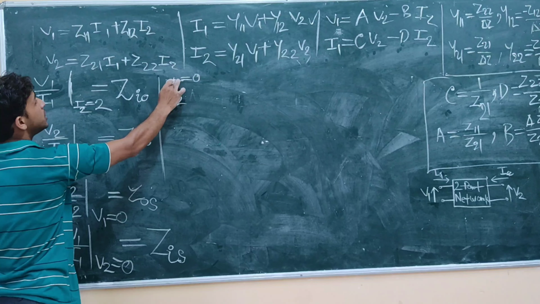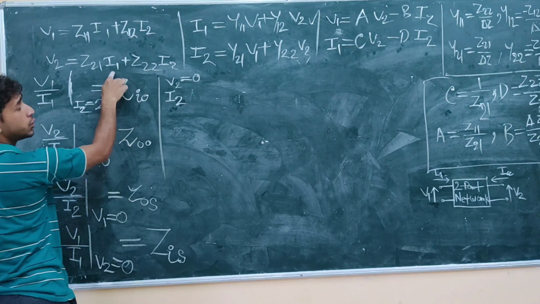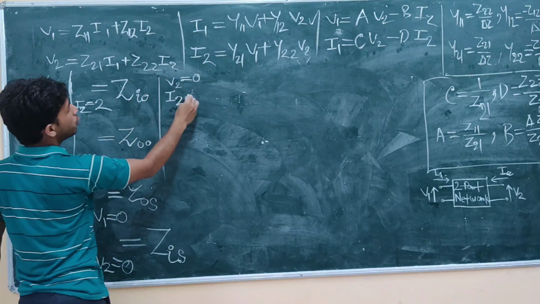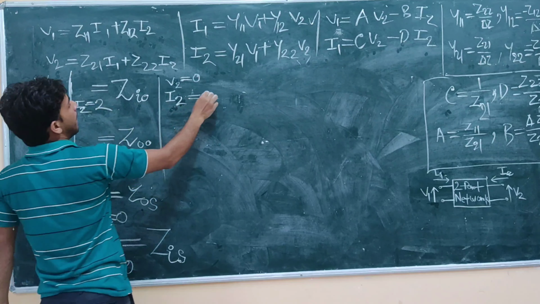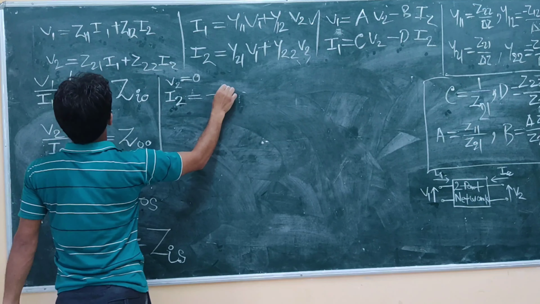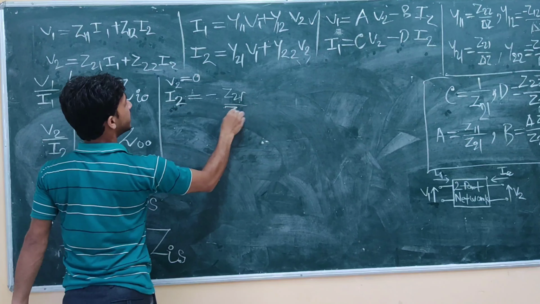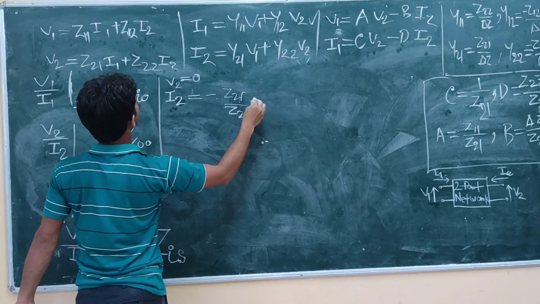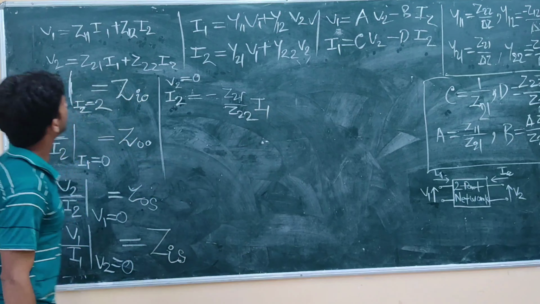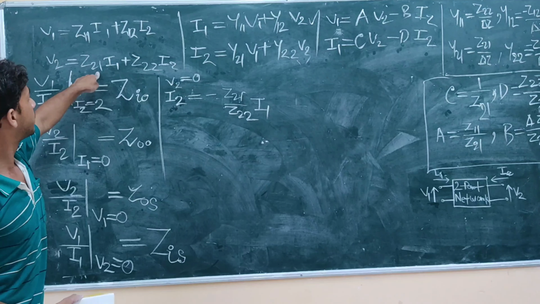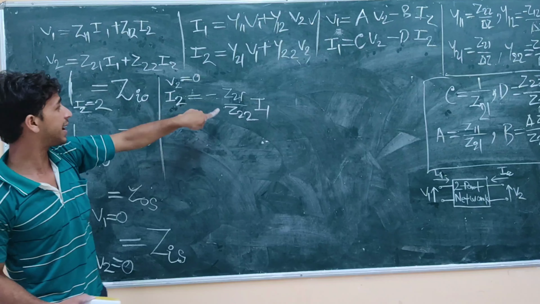So from this equation, if V2 equals to 0, in that case we have I2 equals to negative Z21 by Z22 times I1. Okay, this is Z21 I1 negative by Z22.